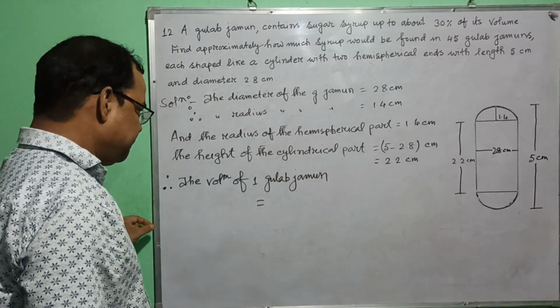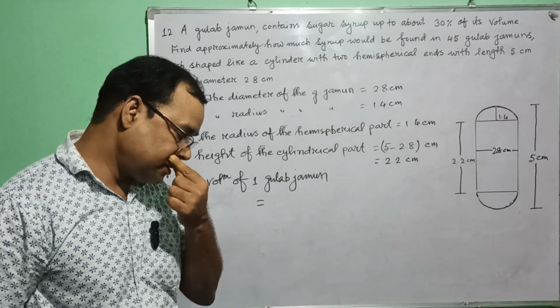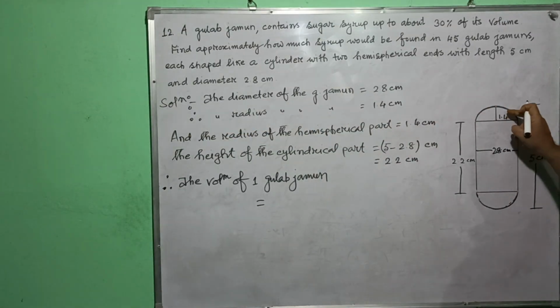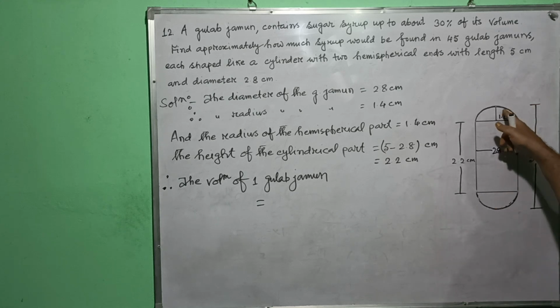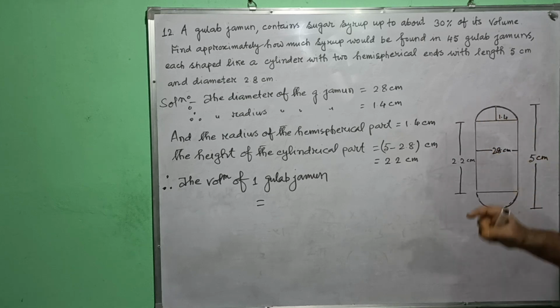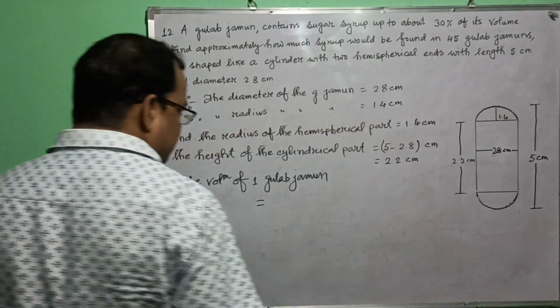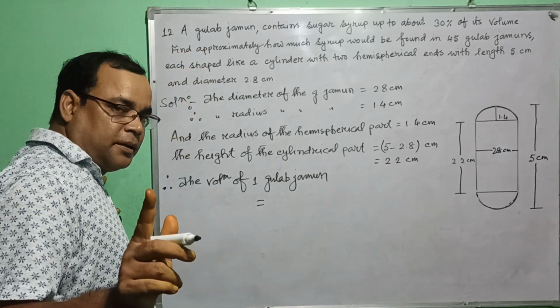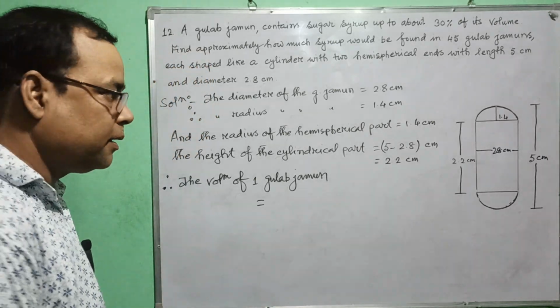Let us write here. So, what will be the volume of one gulab jamun? We will write first the hemispherical part. So, hemispherical part, we can see here two hemispherical parts are there. So, together it is the volume of one sphere. So, we can write what is the volume of sphere. It is 4 by 3 pi r cube.